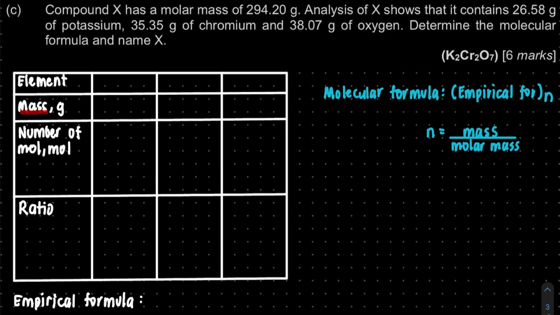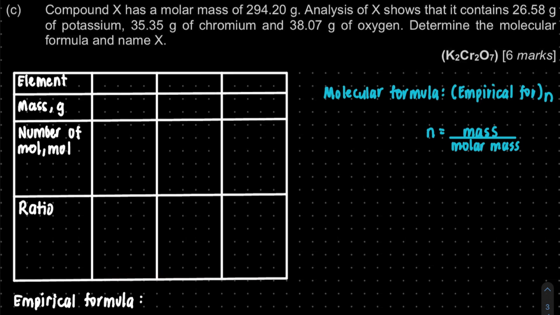Again, this is how you construct the table. Ma stands for mass, and the unit is gram. Mo stands for the number of mole, the unit is mole. Ra is ratio. Again, it is ma, mo, ra. Once we have found the ratio, then we know the empirical formula for the compound.